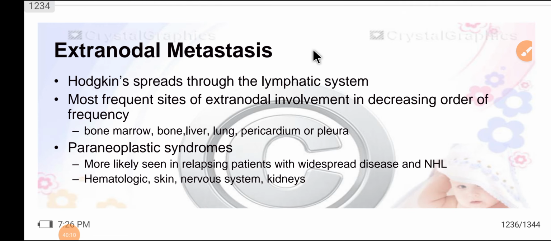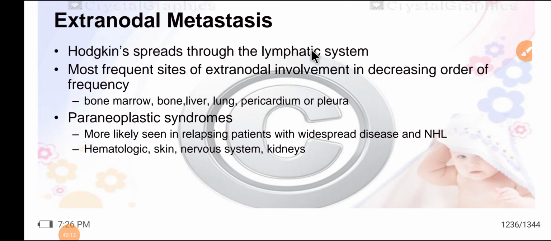Paraneoplastic syndromes are more likely seen in relapsing patients with widespread disease and non-Hodgkin lymphoma, affecting hematologic, skin, nervous system, and kidneys.